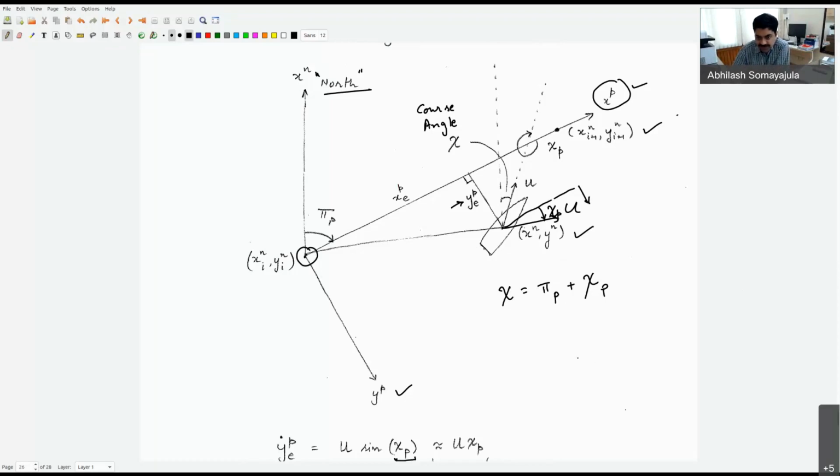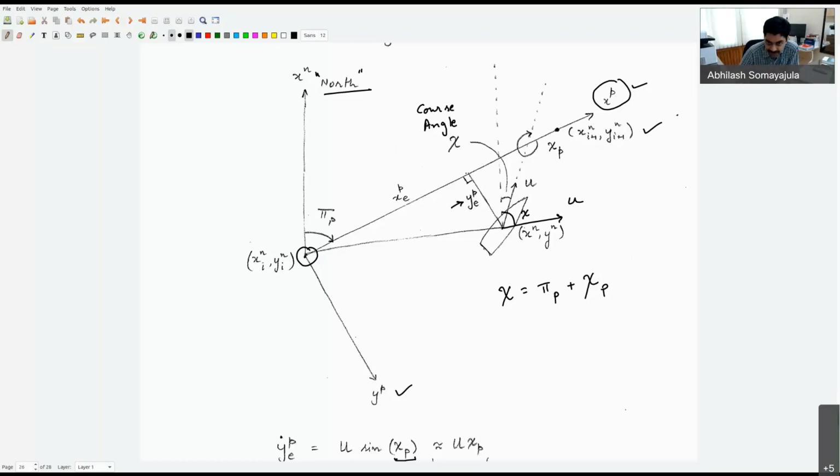So let's say I erase everything here and make sure this is clear enough. Instead of the velocity vector pointing that way, I take the velocity vector as before, pointing this way. So that is my U vector. Then we know that this angle is chi, correct?